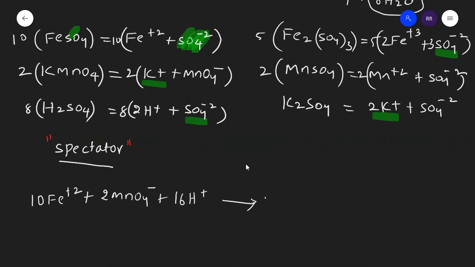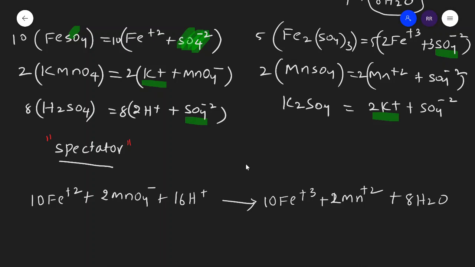At the product side, we have 10 Fe plus 3, and 15 SO4 minus 2 shouldn't be written. And we have to write 2 Mn plus 2, and 2 SO4 minus 2 shouldn't be written. And K plus shouldn't be written. SO4 minus 2 shouldn't be written. And we have to write 8 H2O as it is because it is a non-electrolyte. A non-electrolyte always has to be written in formula unit form only, not in ionic form.